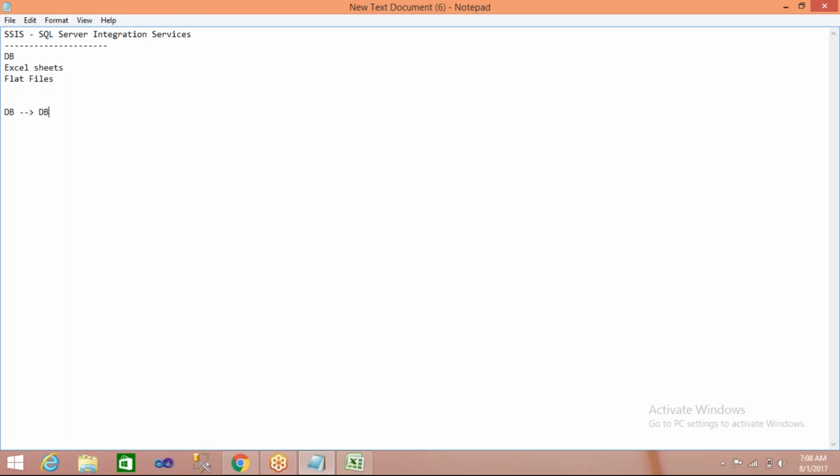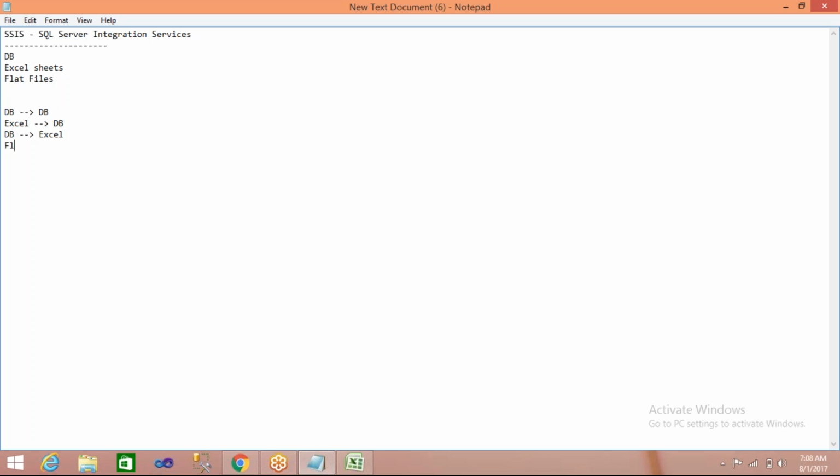Or, if the client system is an Excel sheet, in some cases we load the data from Excel sheets to a database table. In some cases the client may ask to load the data from a database table to Excel sheets for any other purpose.